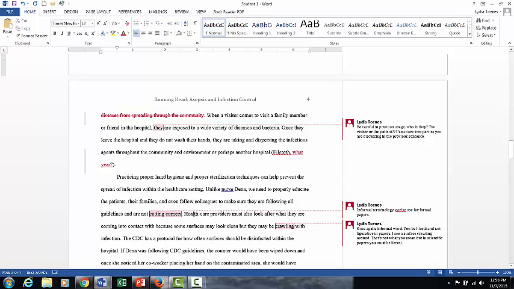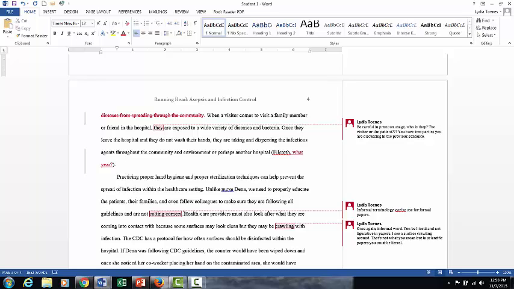Here we are, another one using figures of speech. "So make sure they are following all the guidelines and are not cutting corners." Once again, if you are literal like you should be in scientific writing, I see somebody with a pair of scissors cutting corners off of something. We know in America that we're talking about taking shortcuts and not following protocol.